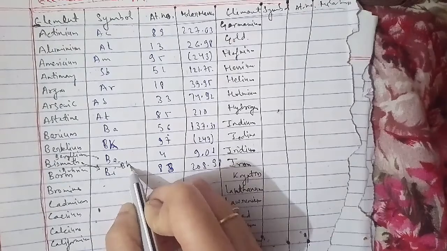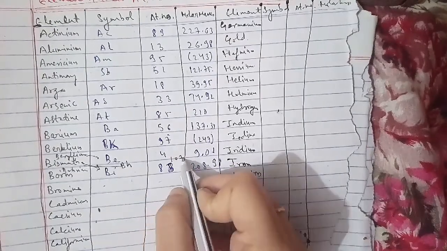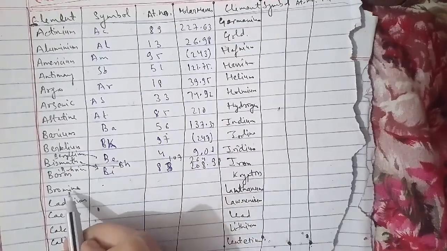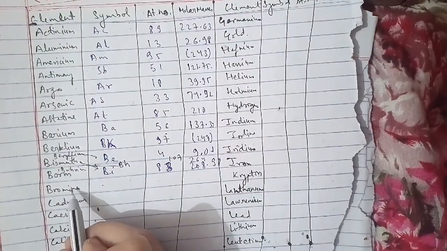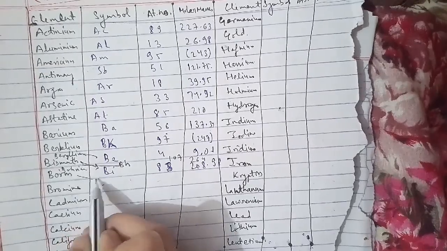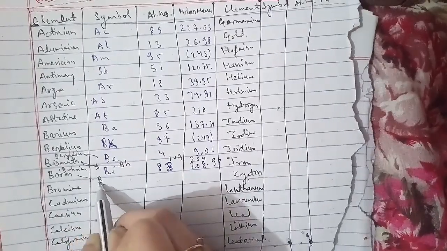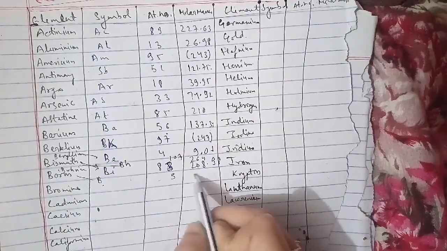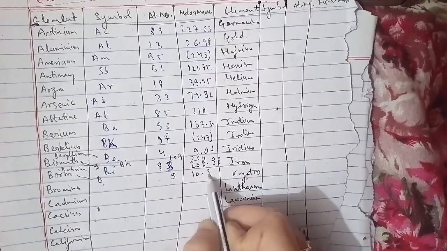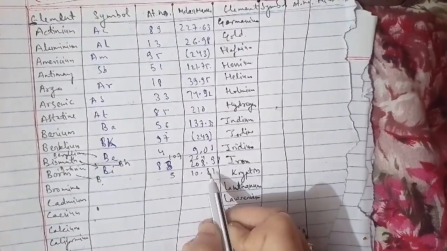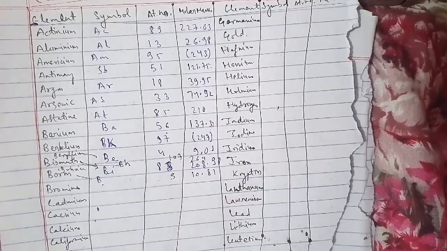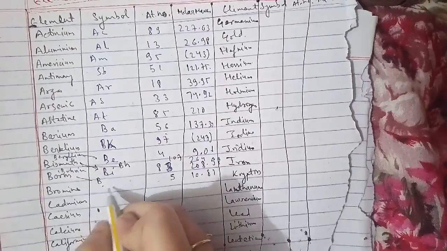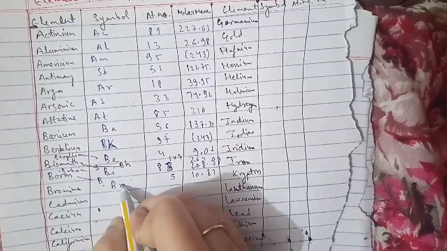Then we have your cadmium, that is represented by Cd. Atomic number is 48, and the molar mass is 112.40. Then we have your caesium, that is represented by Cs, and the atomic number is 55, and molar mass is 132.91.